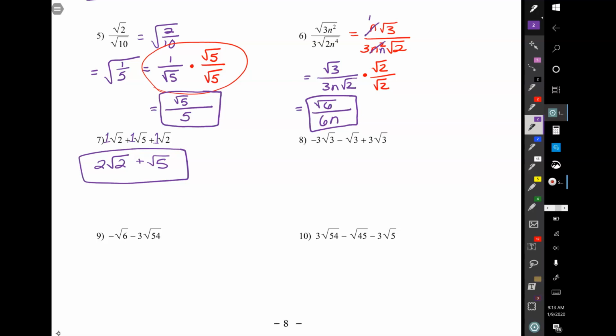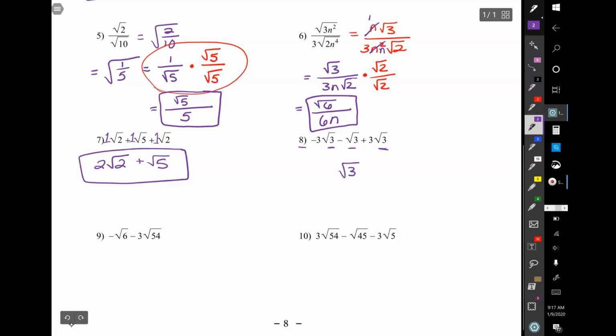So now take a look at number 8 and try that one on your own. Negative 3 times square root of 3 minus square root of 3 plus 3 times square root of 3. Okay, now for this one, hopefully you've done number 8 and tried it. We have these like radicands, so we just keep the radicand the same.